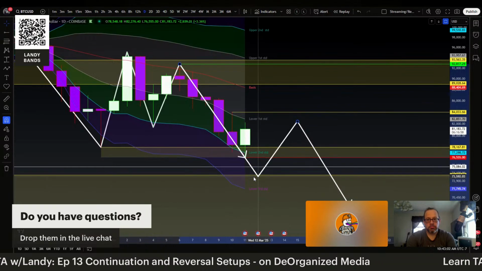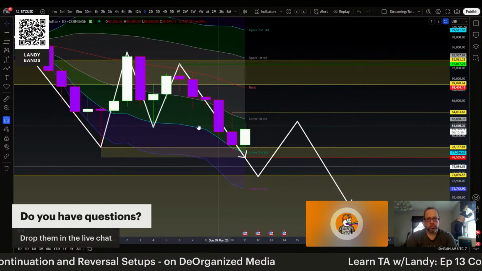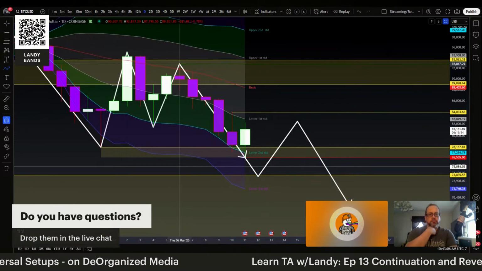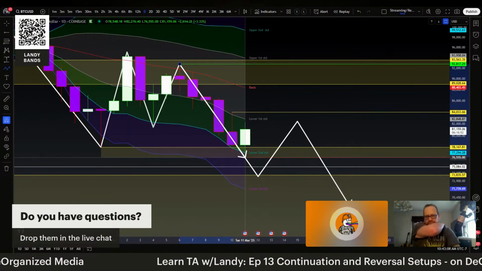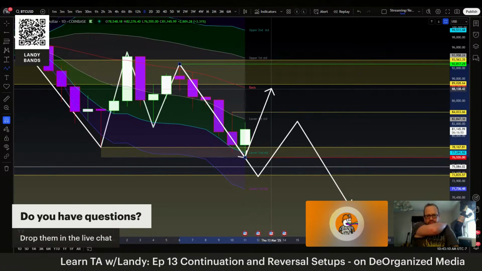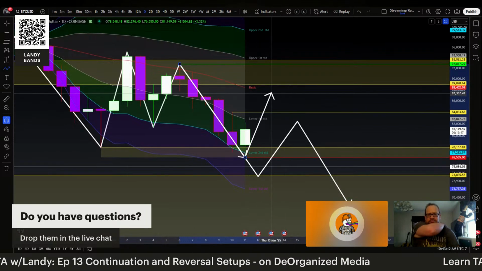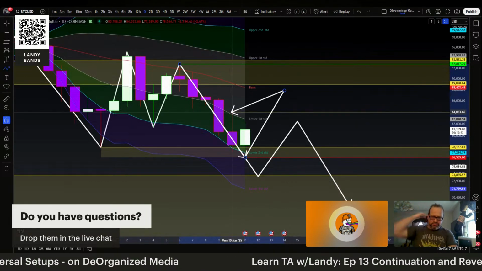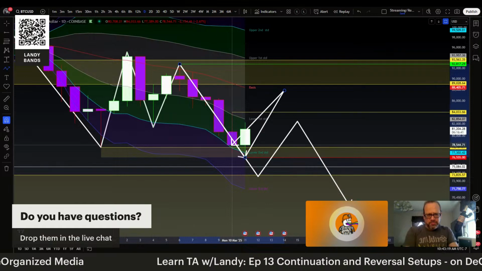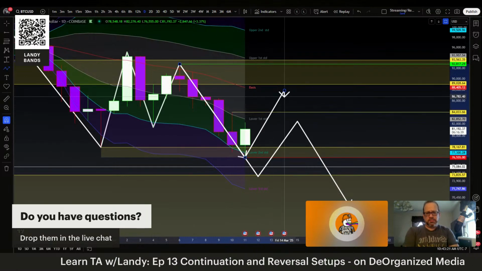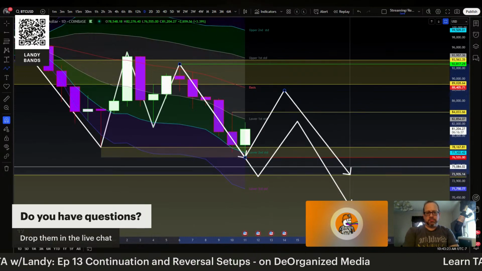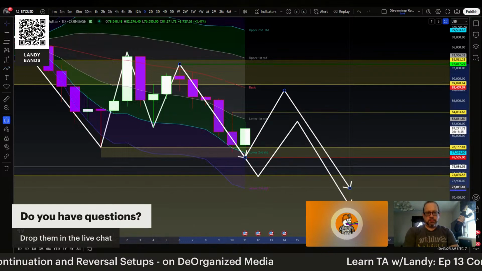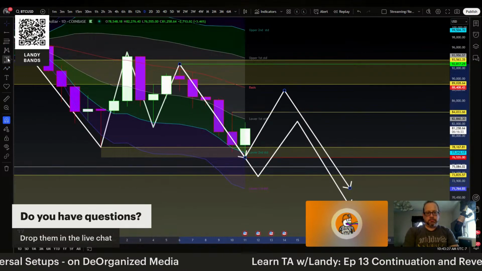Now we also know that we could potentially see another lower high, right? We could bounce, set a low. So it's still a lower low close, lower low swing, and then we get another lower high, and then we get continuation down, right? So that's a third scenario.